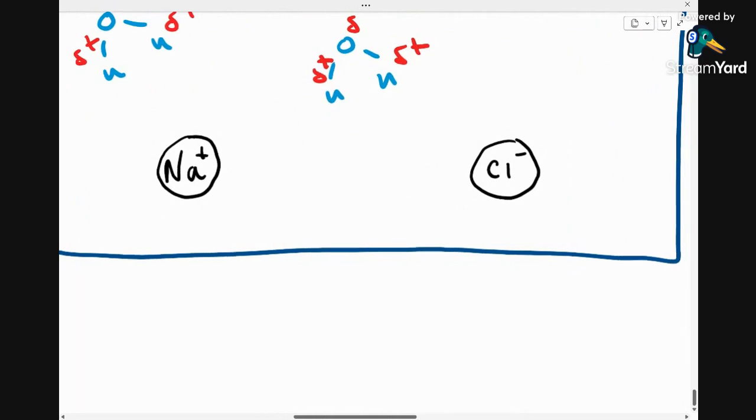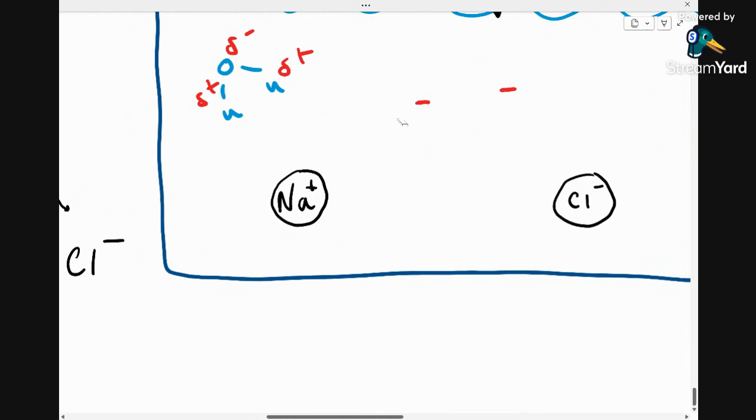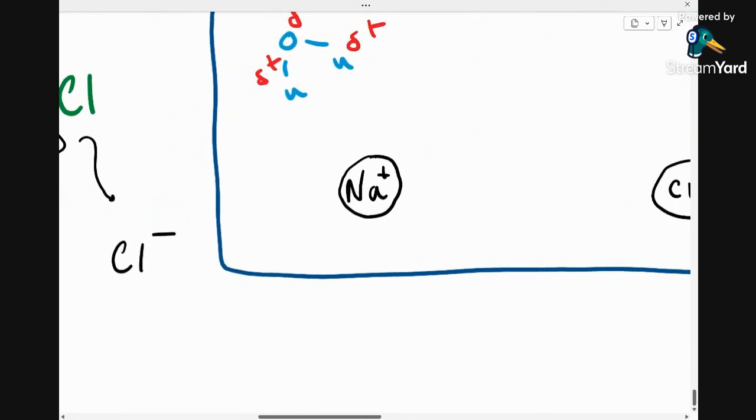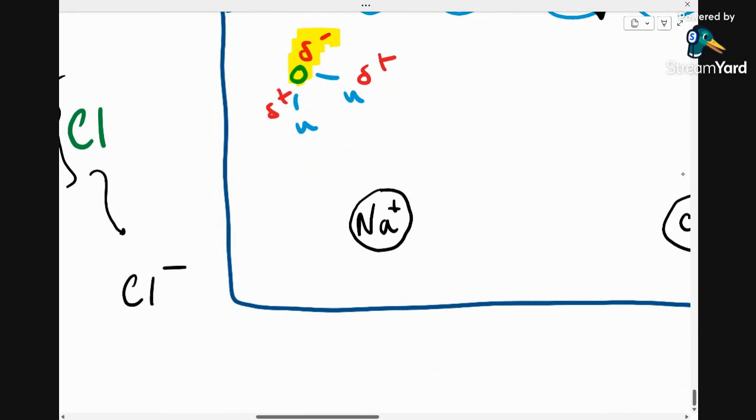So let's look at the sodium as an example. I'll just get rid of this water molecule for ease of drawing. What happens is these water molecules will surround sodium. And hopefully you can appreciate that the positively charged sodium ion is going to interact with which part of the water. Hopefully you can appreciate it is the negative bit, the delta negative oxygen.